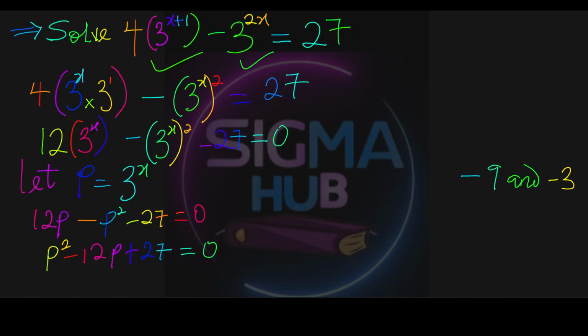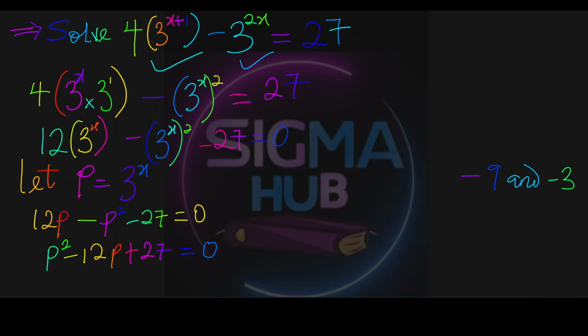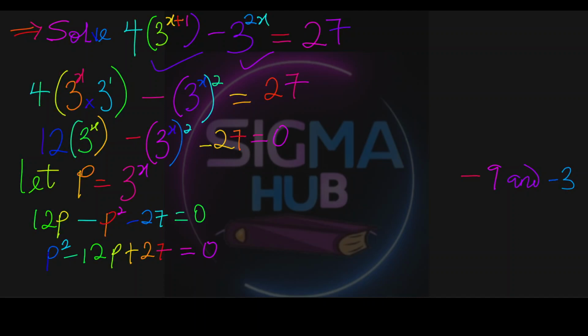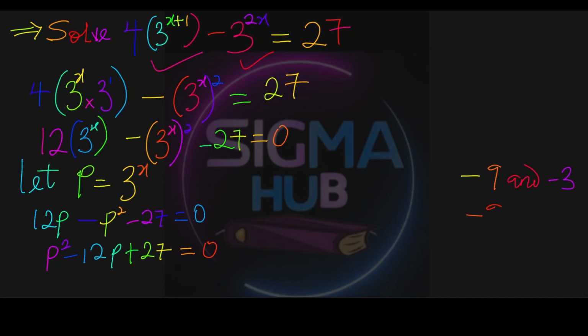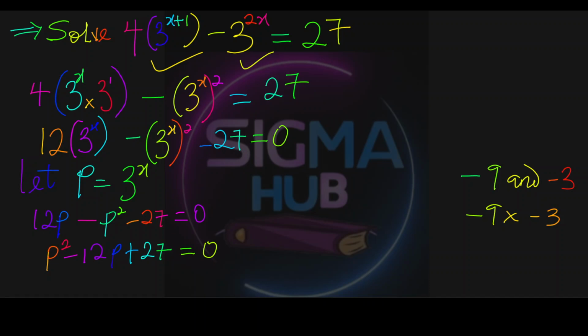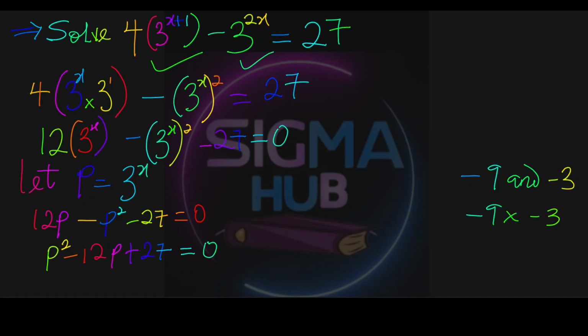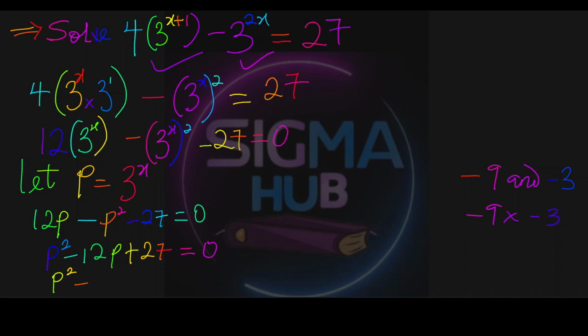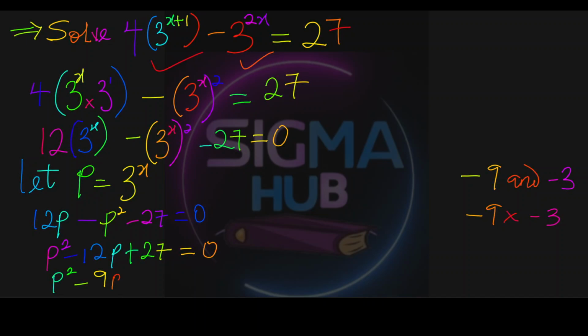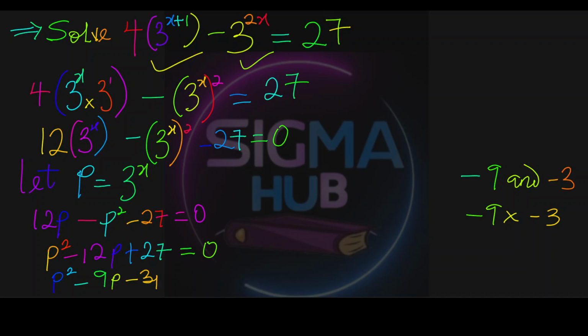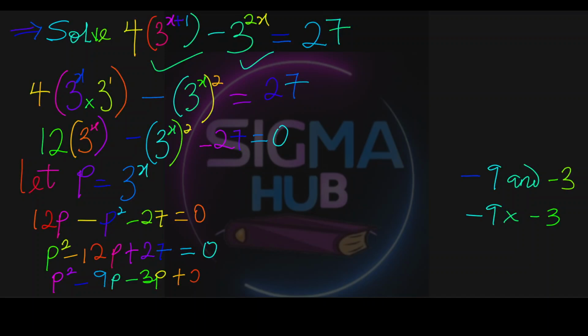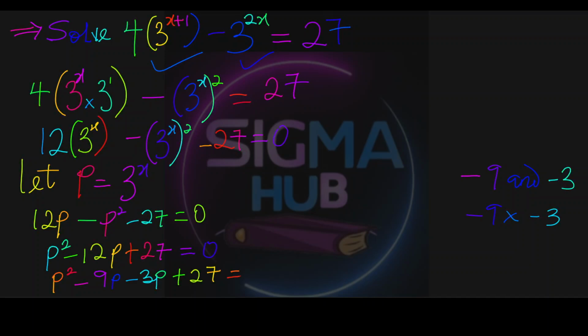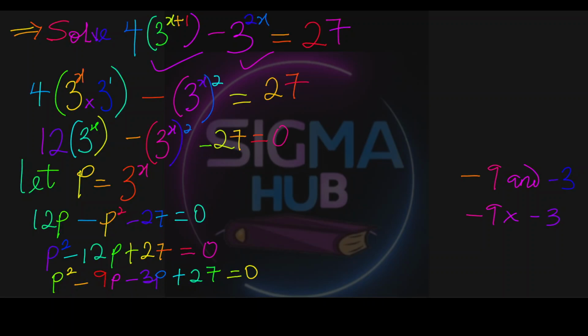Because minus 9 minus 3 is going to give us minus 12 at the middle, and minus 9 times minus 3 is going to give us plus 27. So we have p squared minus 9p minus 3p plus 27 equal to 0.